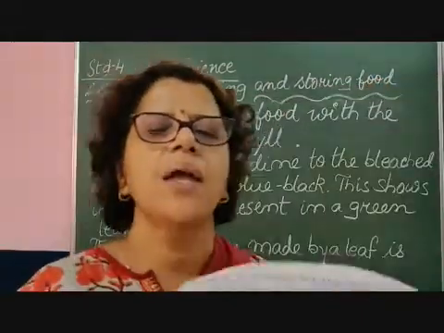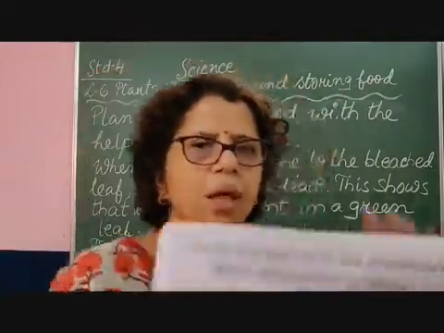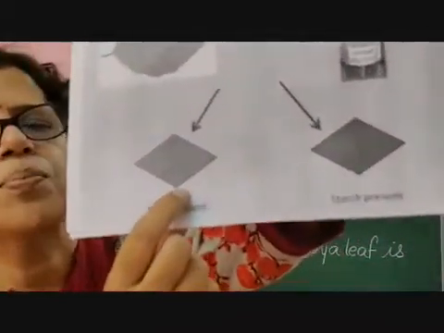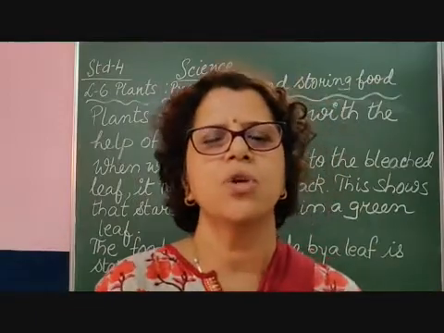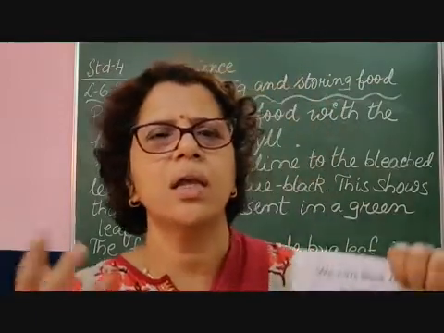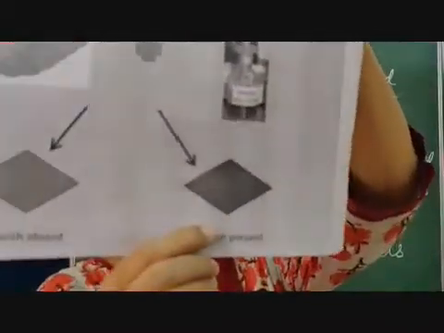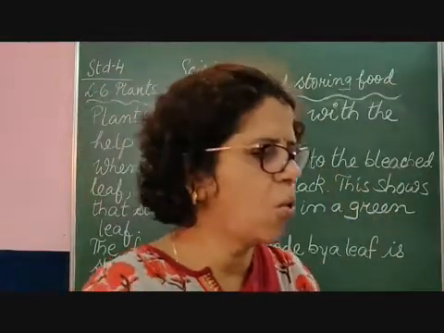So what I did, I took the starch powder because that is readily available, and then I put iodine, and if the starch is not present, like I had shown you the chalk powder solution, the color did not change, but if it has starch, it will become dark blue or black. Okay, so you can do it at home.